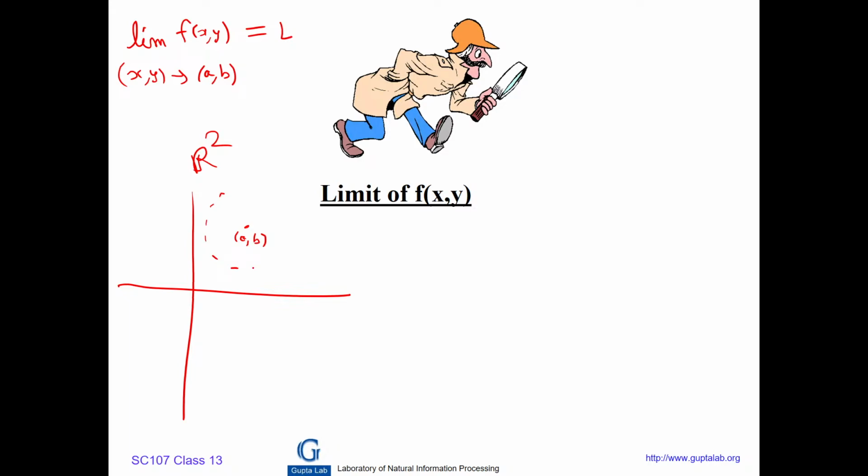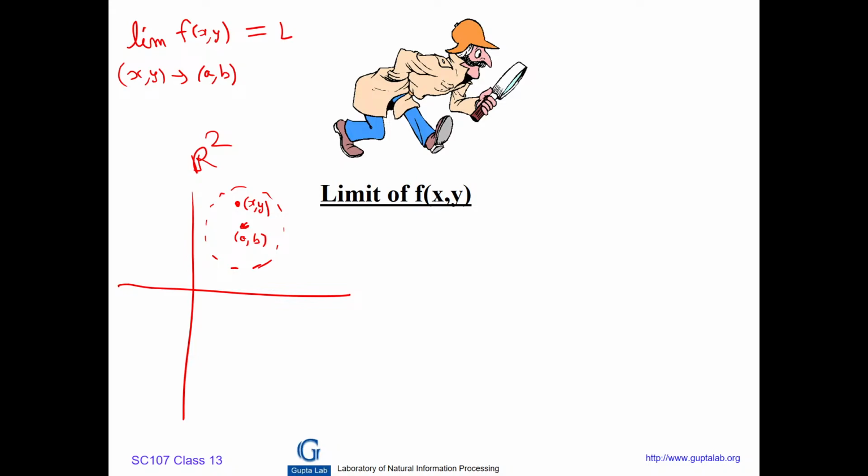Suppose this is a typical point x comma y, a generic point x comma y, right? And now you can see that this point x comma y could be anywhere in this circular disk, right? But it is approaching a comma b from any direction, from any curve, along any curve, or along the x-axis or y-axis, anyway, right? And it could be anywhere, right?